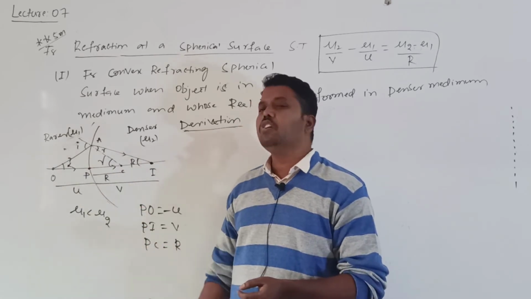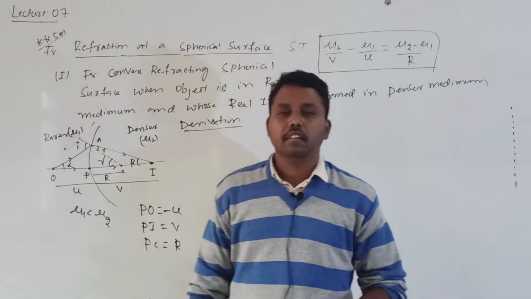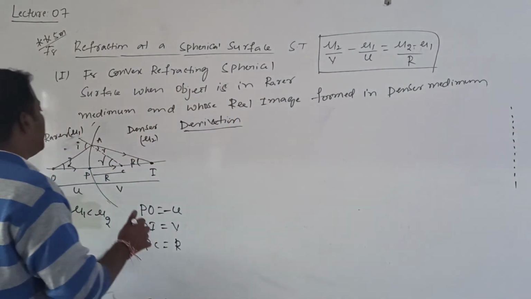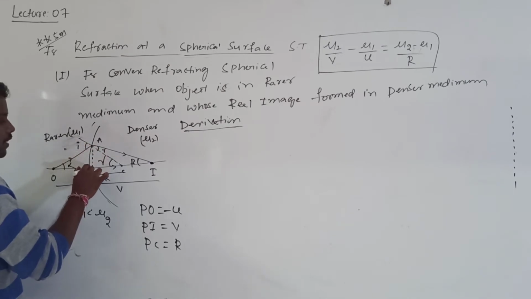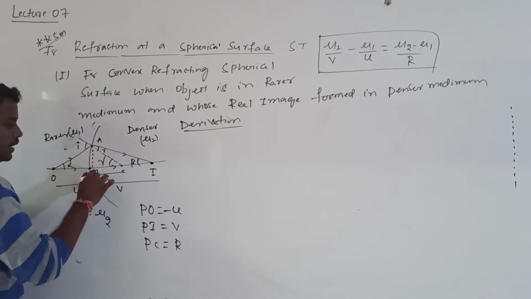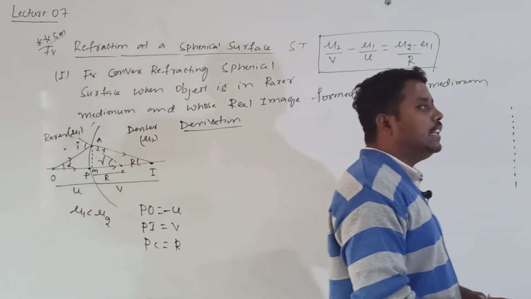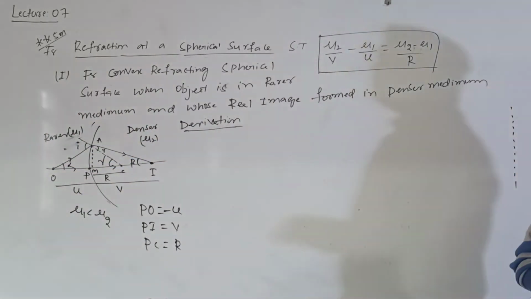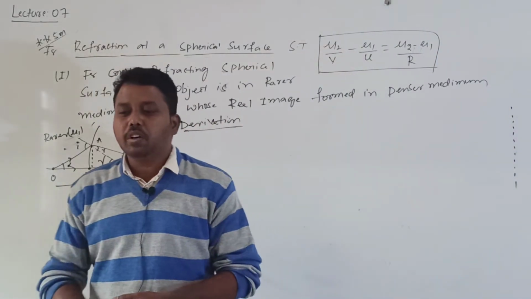So alpha, beta and gamma you have to remember. And I am drawing a perpendicular from A onto the principal axis, where it intersects the principal axis at point M.